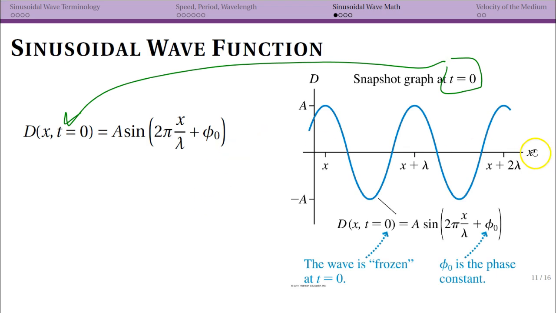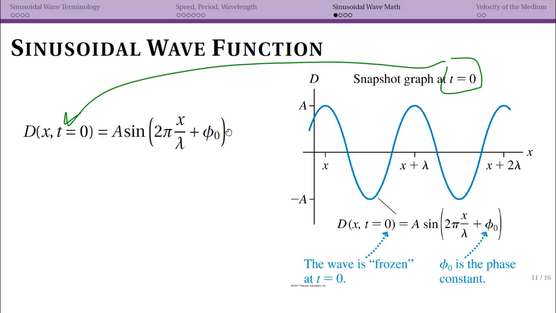But we have a sinusoidal plot of position. Our wavelength is lambda, and so lambda is determining the periodicity of this. Phi is our phase constant, and this was something that also showed up in terms of the pendulum.